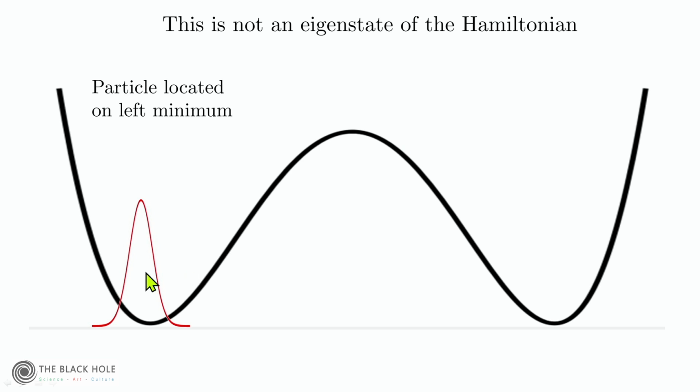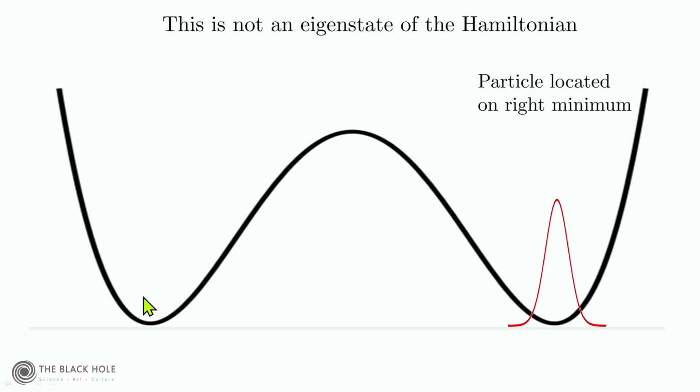So it'll be just bouncing back and forth. Its wave function will be concentrated here. On the other hand, if there's a particle located at the right minimum, it'll be confined to this minimum around over here.